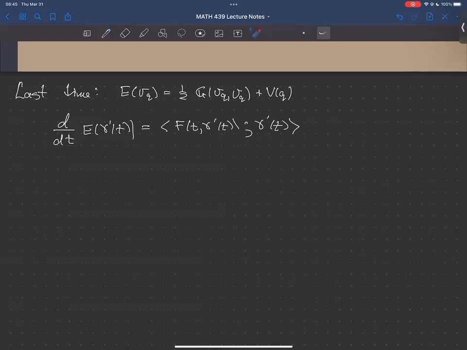And so here, F were other non-potential forces that are applied to the system, because if it has a potential force, then you just soak the potential energy up into the energy, and that formula still remains true. And so let's look at some special cases.